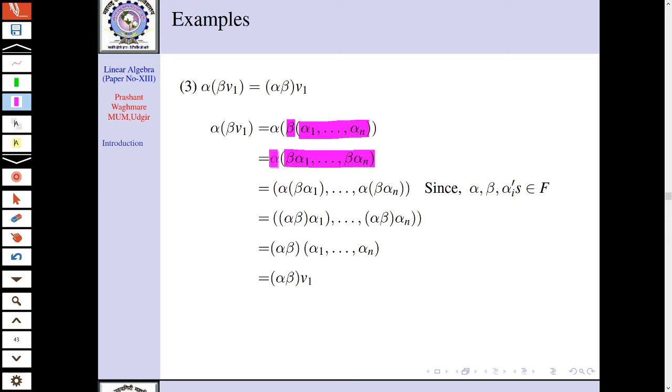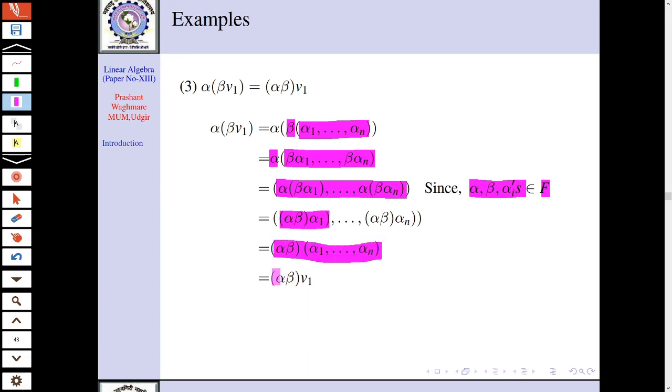You can multiply that scalar with the vector by multiplying each coordinate. Now as all the alpha, beta and alpha i's are elements of the field, you can rewrite this with the property of associativity. You can write this one down, and after rewriting you will get the final result.